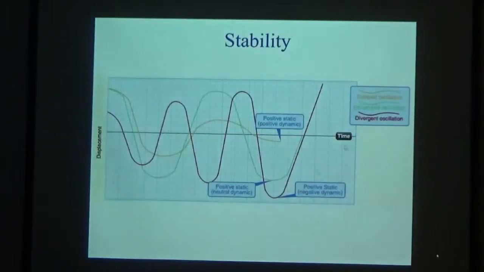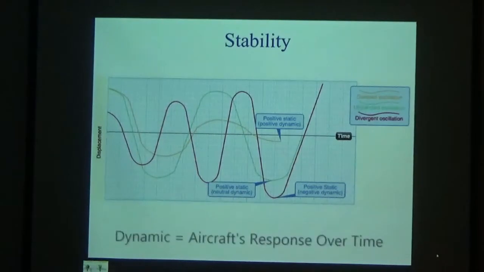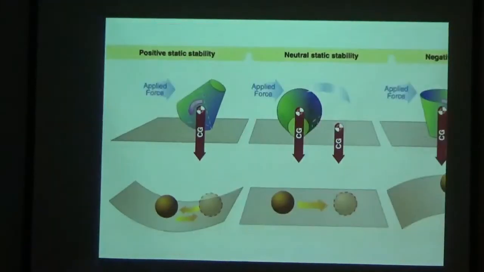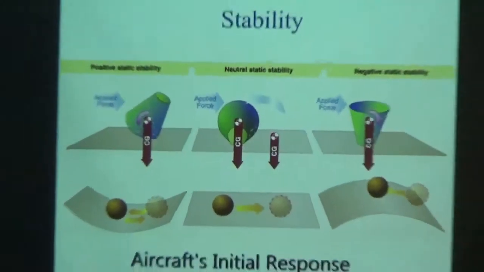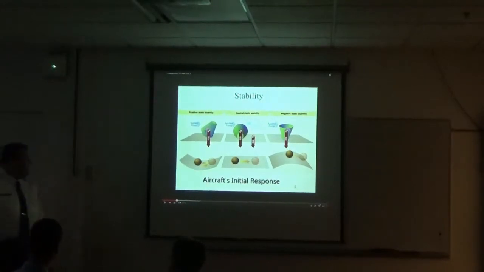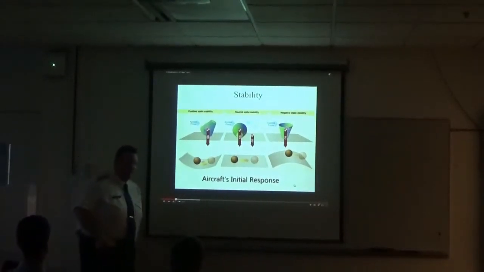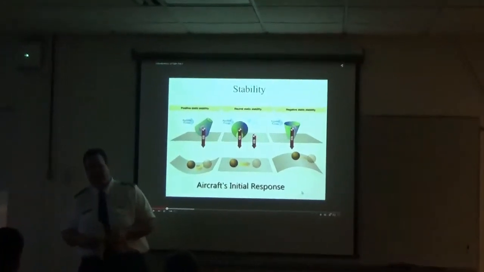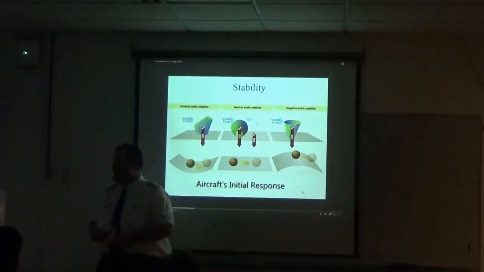Dynamics. Real quickly here. Again, she doesn't really touch much upon this in greater detail, but to give you an example of the three different types of stability. Positive stability is what you're mostly going to see in the civilian world. It's also what most aircraft trainers, like the Cessnas and the Pipers, have.